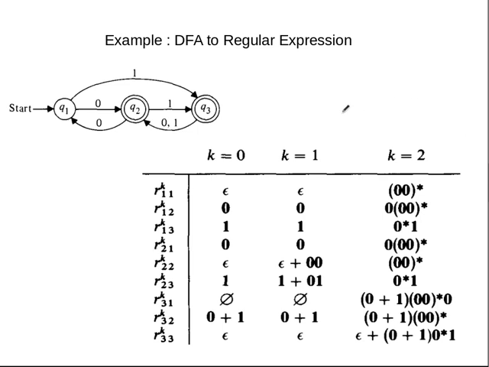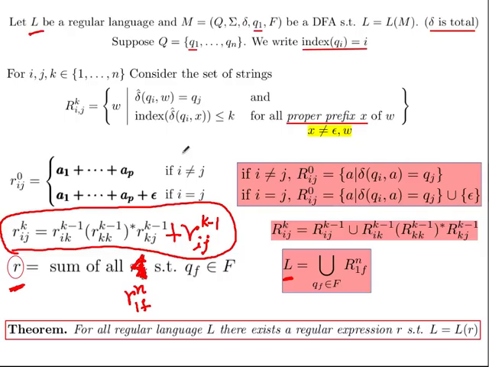Here is an example. The DFA is given. From this DFA, how can we construct the regular expression? First we use this part to construct the R's for k equal to 0.